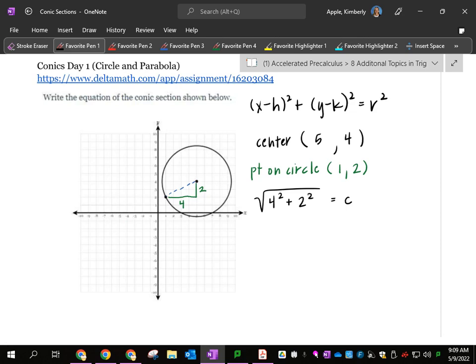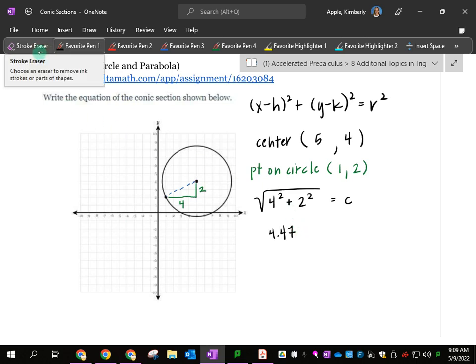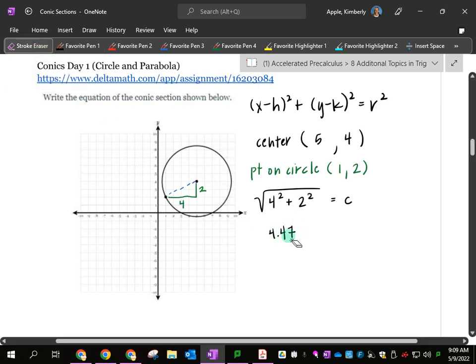I don't know how it wants it, but let's just keep it in the exact form here. Let's do 2 root 5. So the radius of the circle is actually 2 square roots of 5.